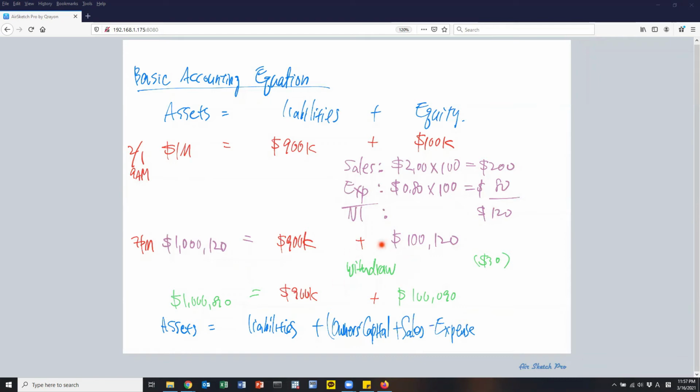When you withdraw money from your company's cash register, your total equity is shrinking from $100,120 by the amount that you withdraw, which becomes $100,090. So you subtract the amount that you withdraw.